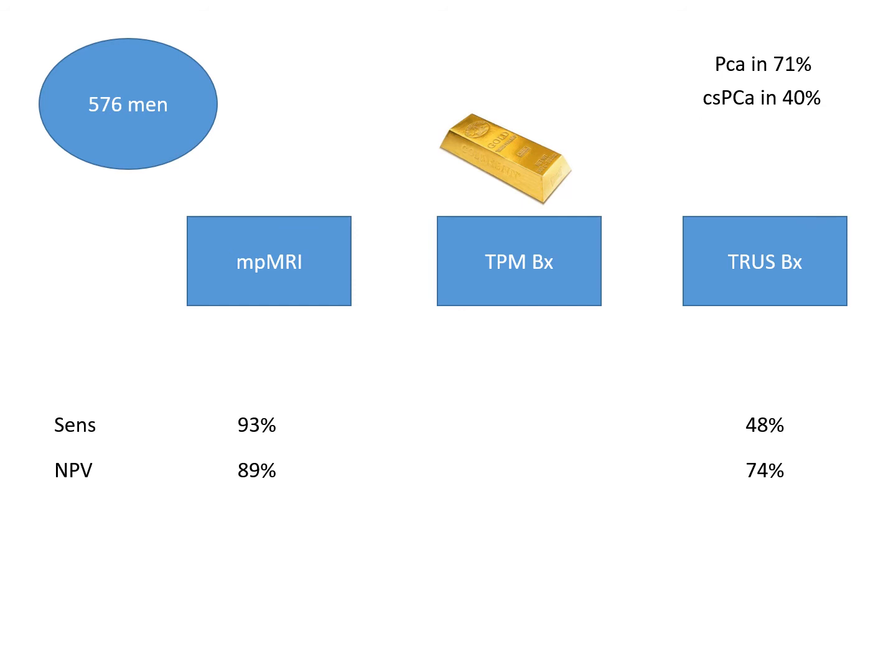Looking at sensitivity and specificity, they found that the MRI, compared to the gold standard, had much better sensitivity and negative predictive value than the TRUS biopsy. That's quite a significant difference. The specificity and positive predictive value are not so good, and that makes sense, because if you find cancer on the random TRUS biopsy, you know it's cancer because you've got the biopsy.